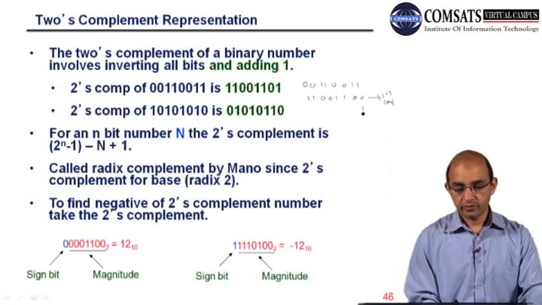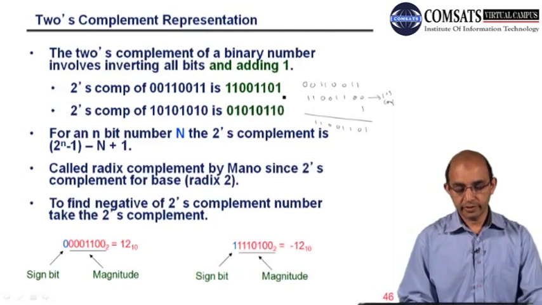And after addition of 1, in order to eliminate the chance of plus 0 and minus 0, we get 1 1 0 0 1 1 0 1. So this is the 2's complement.